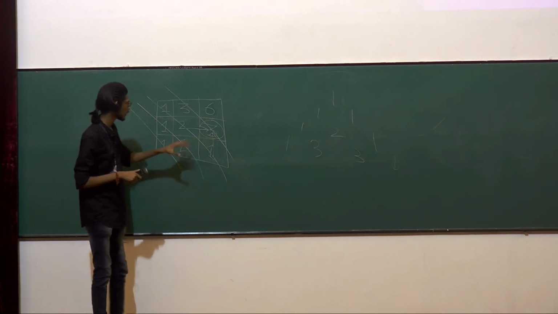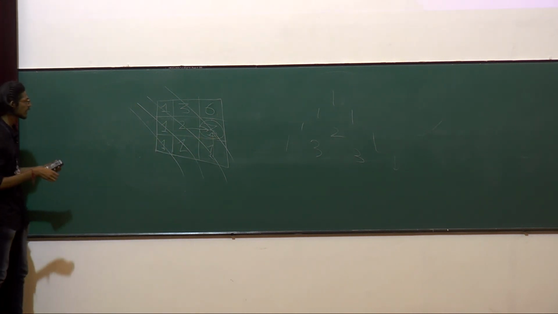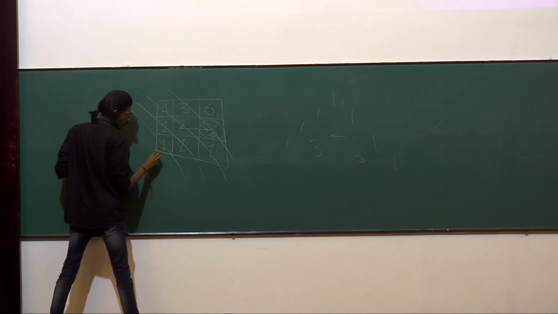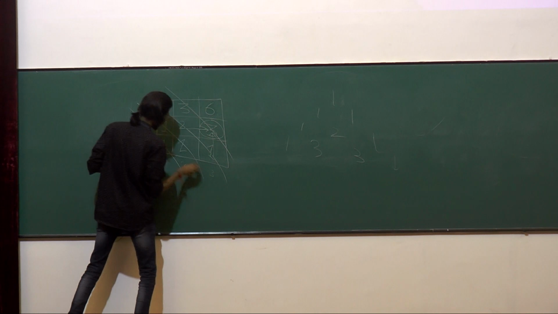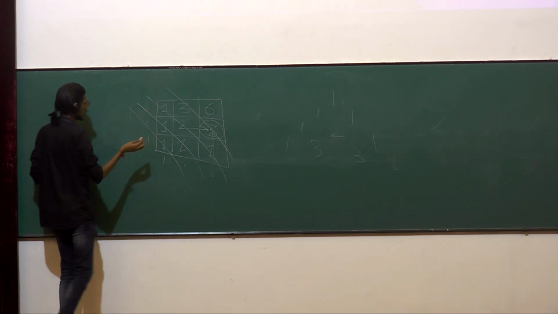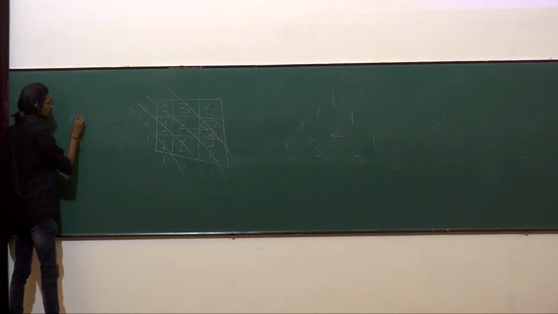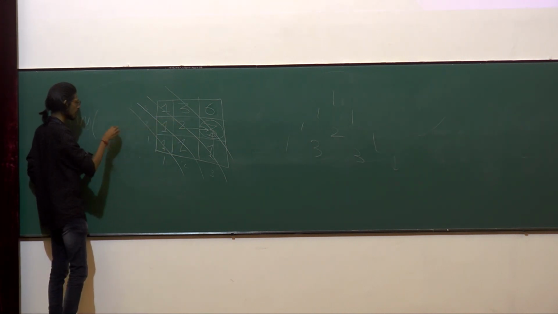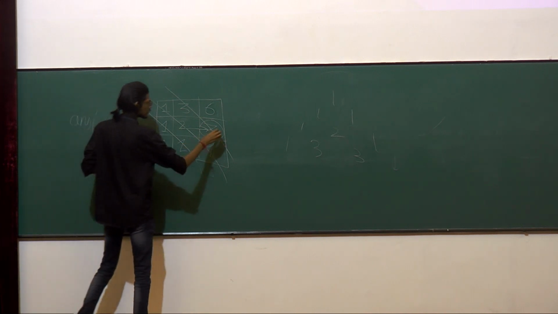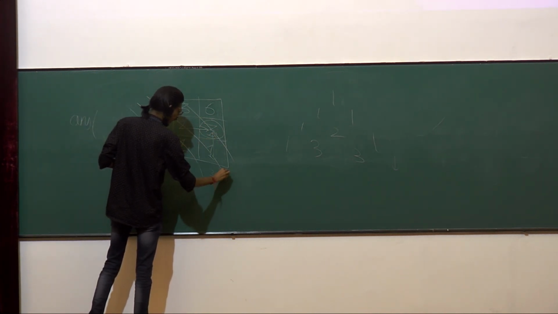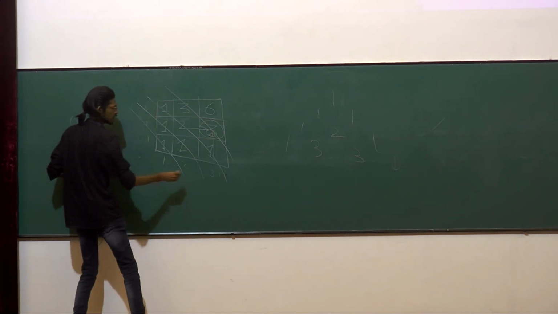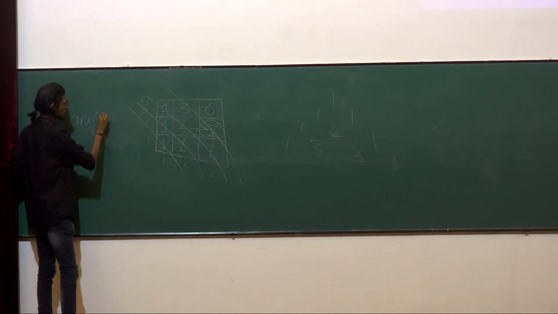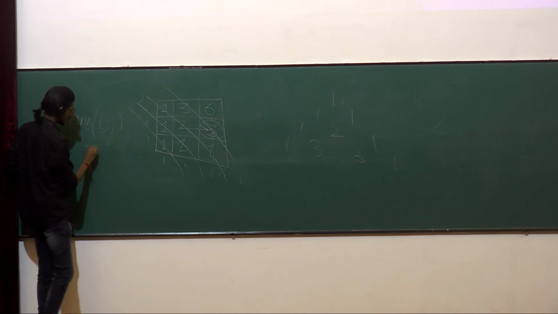So I generalize this statement. If this is my cell number 1, 2, 3 and 1, 2, 3, I will call this axis I, and this axis J. So answer of I comma J is equal to answer of I minus 1 comma J plus answer of I comma J minus 1.